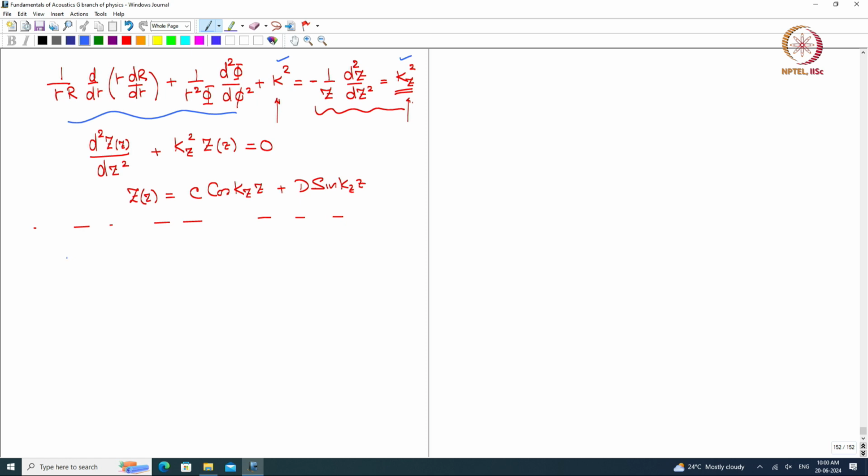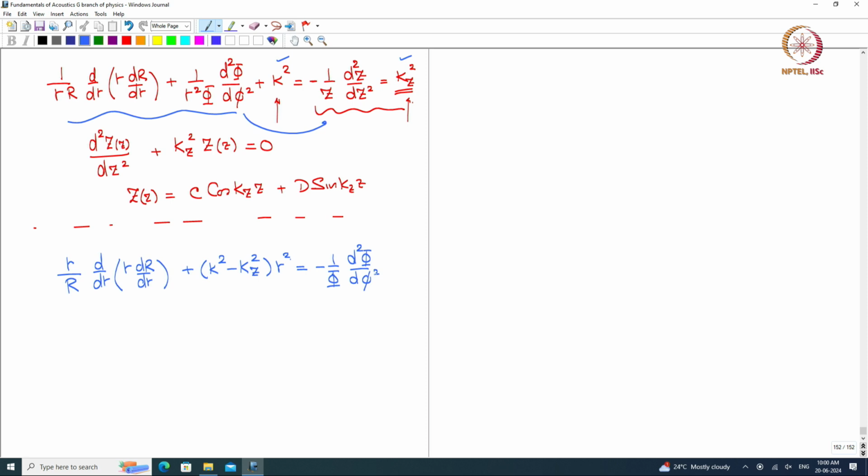So I have r by r, d by dr, r dR by dr, plus k square minus kz square into r square is equal to, this I take to the other side now, minus 1 by phi d2 phi by d phi square.